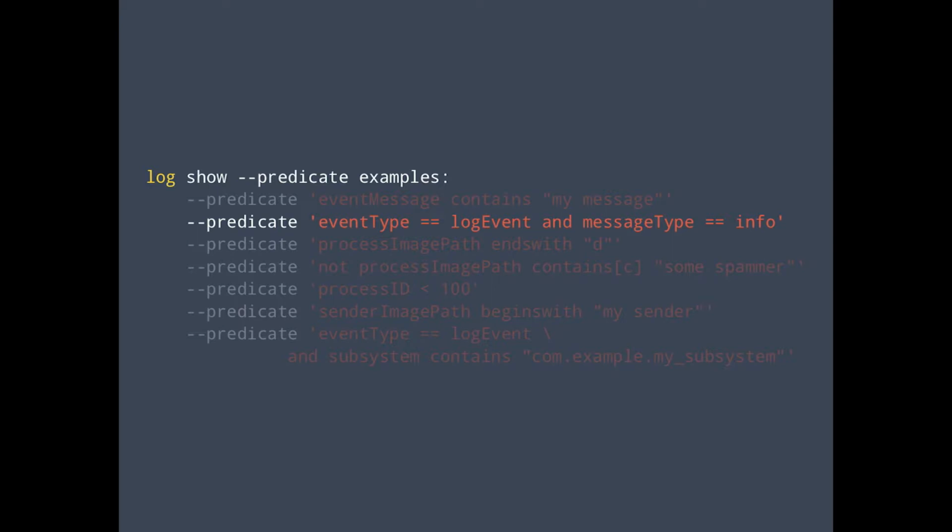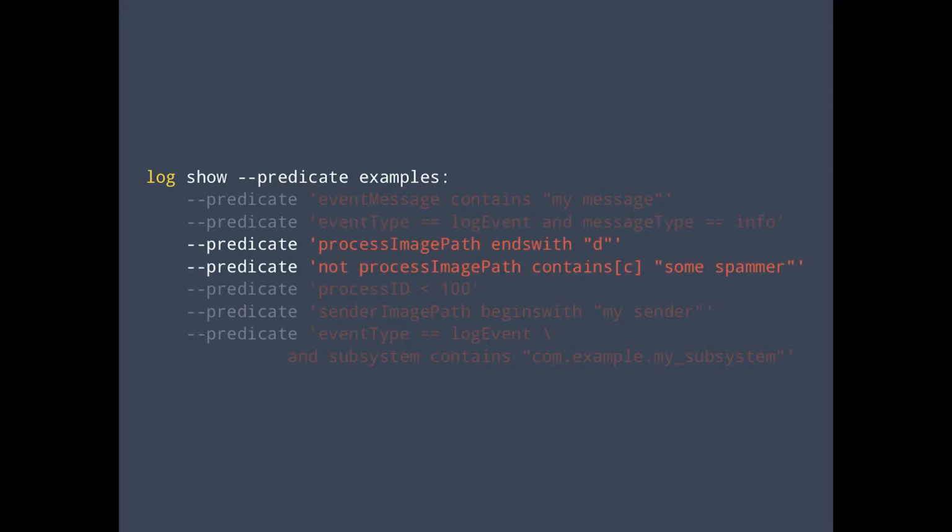The message type here matches the type of message in log event or trace event that you're looking for. So again, these include things like default or info or debug. In this example, we're using info, message type equals info. You could say equals error if you wanted to return just those severe error messages.